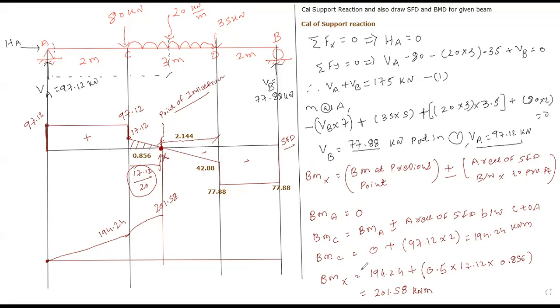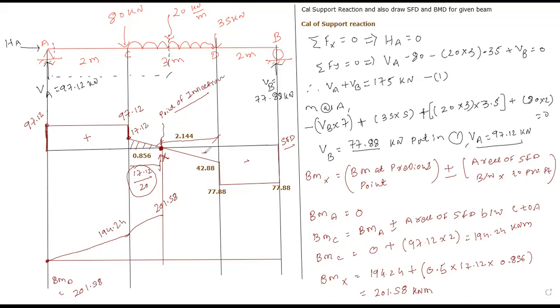So now the same procedure will be applicable. Bending moment at D equals bending moment at X plus or minus the area of the shear force diagram between D and X. Let us calculate. Here, I don't have space, so I am compromising on the space. Bending moment at D equals, you can calculate yourself, 201.58.